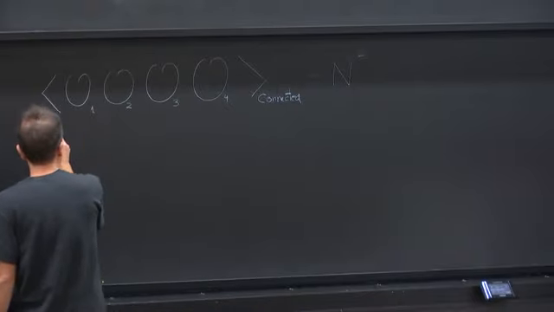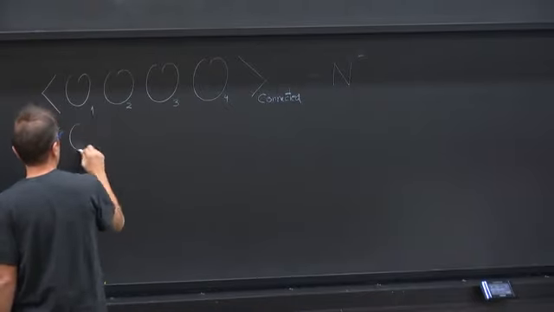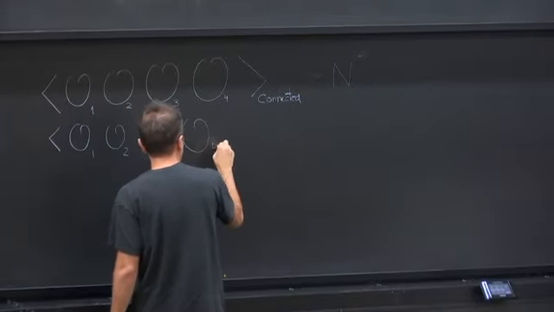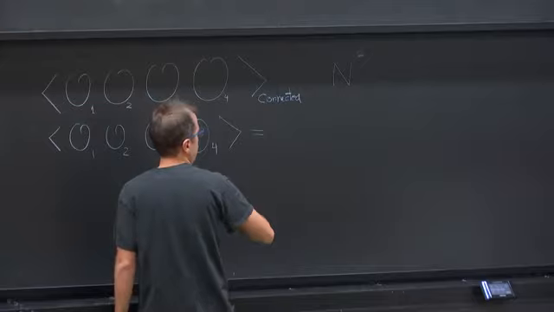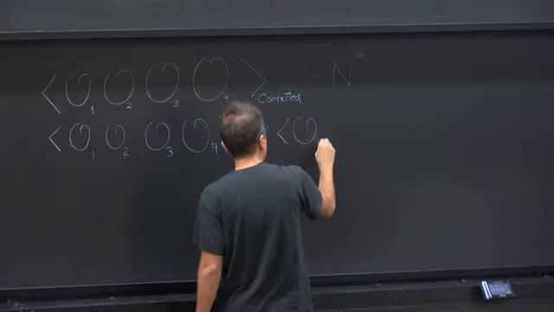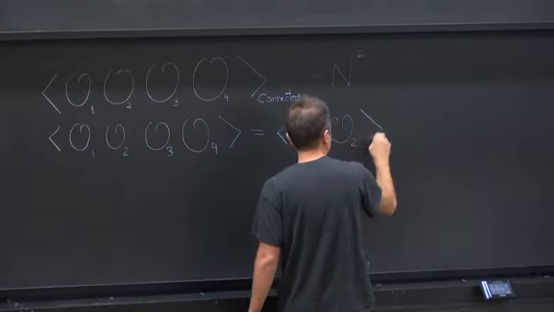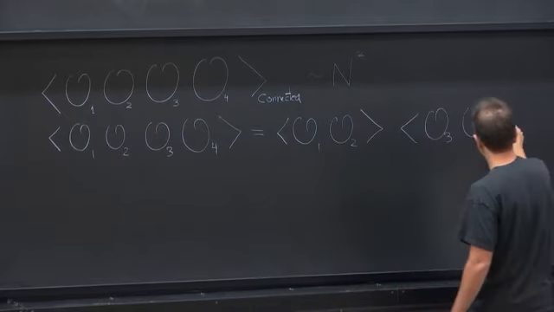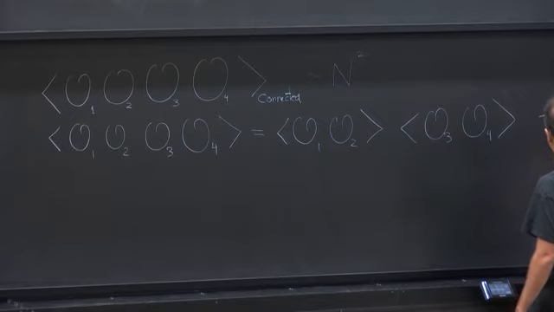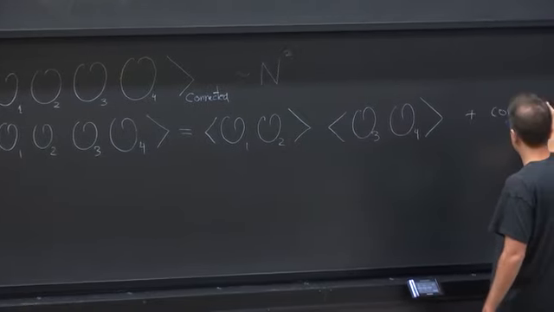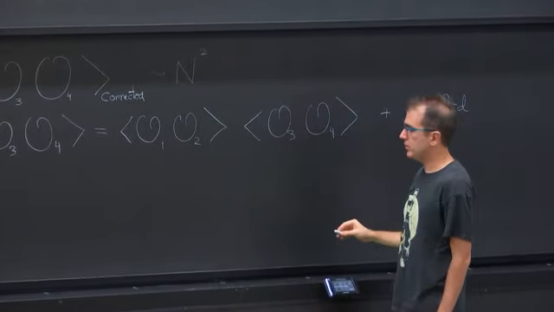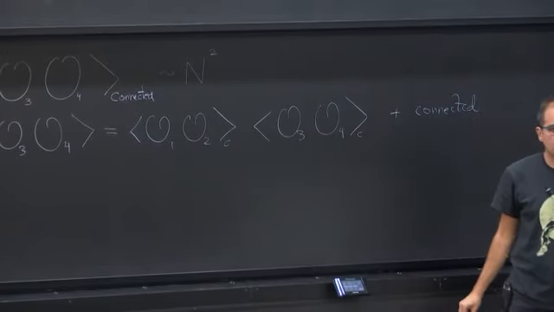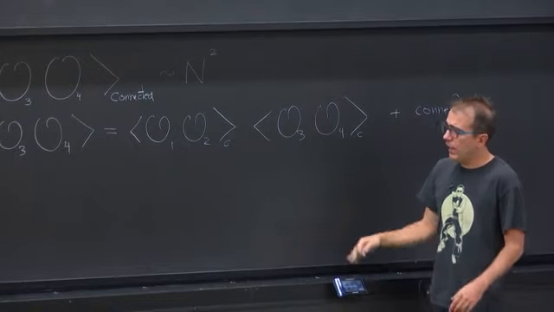What about the correlation function of O1, O2, O3, O4? If I write that, this could be some disconnected parts, O1 O2 with O3 O4 for example, plus connected, where these guys would now be connected.